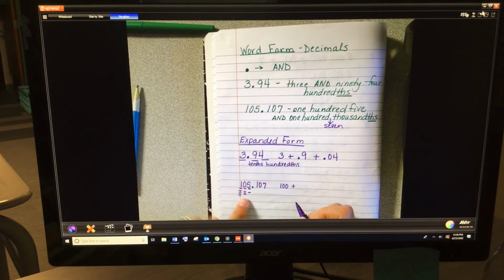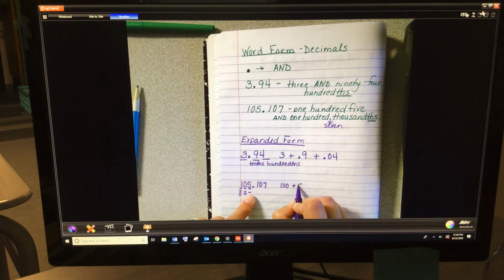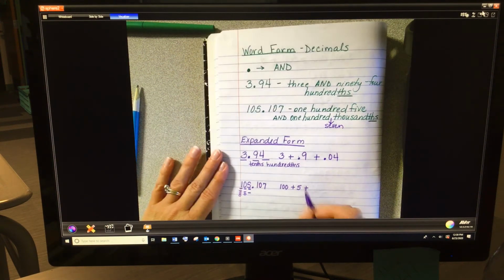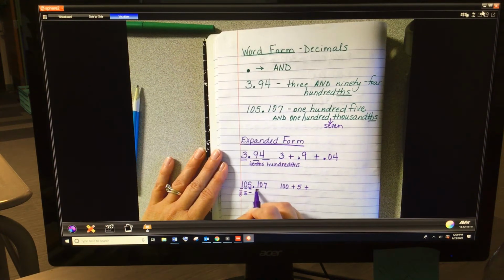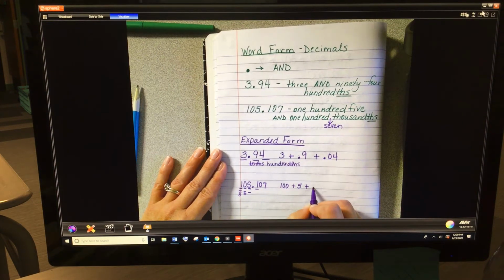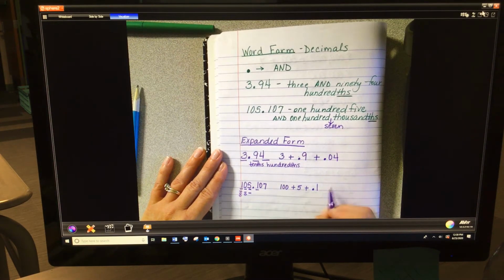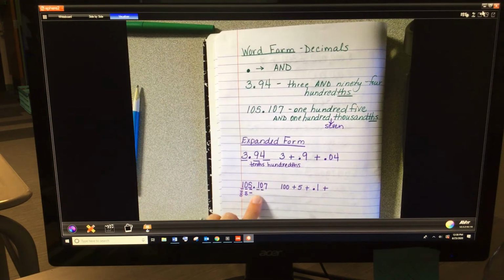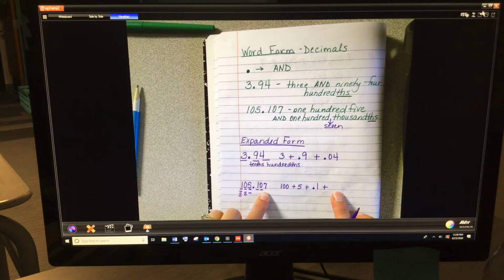No. We have plus 5 ones. Now plus. Now let's go after the decimal. We said this was the what place value? The tenths. So we have point what? 1/10 plus, we don't have any hundredths because we have a 0 there, so we don't have to write it down, but now we have 7 what?